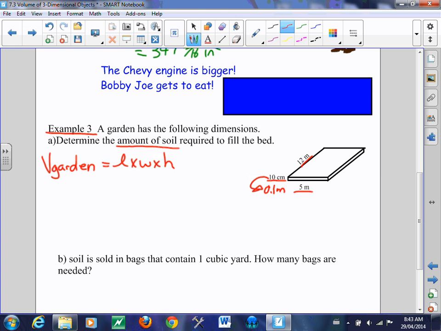So when I sub that in, I'm going to go 12 times 5 times 0.1. Plugging that in, I have 6 meters cubed. So I need 6 cubic meters of soil to do my garden.